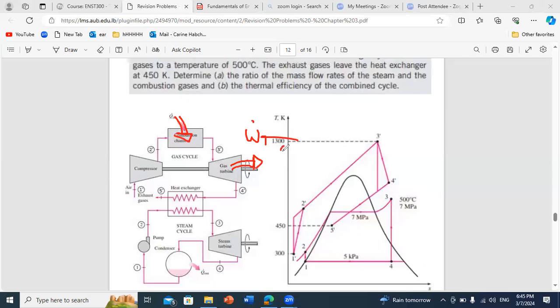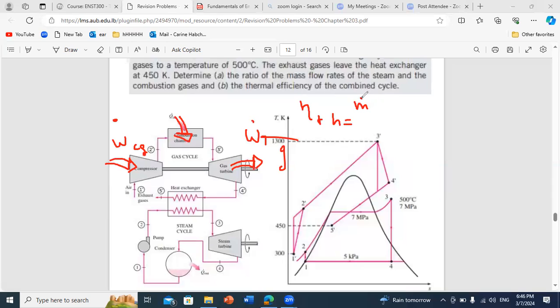So you have to evaluate these terms, and as usual, the technique is always the same. So let us put it here. The thermal efficiency of the first cycle will be equal to W dot net, if we consider per unit of mass flow rate, because M dot will cancel out, and you have M dot in the numerator.